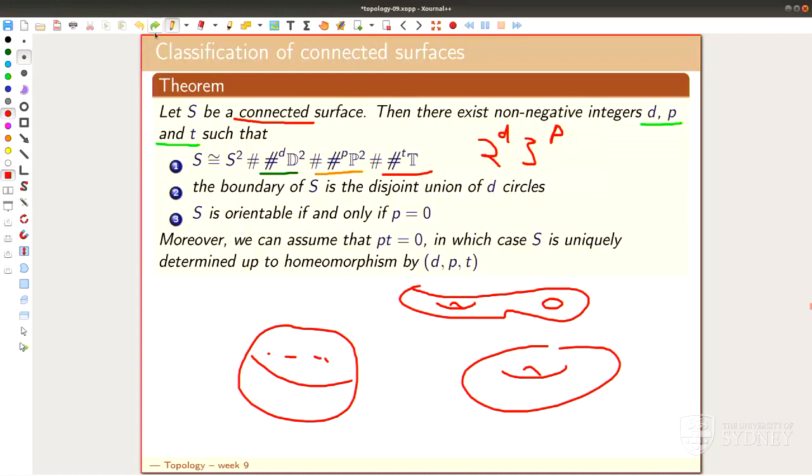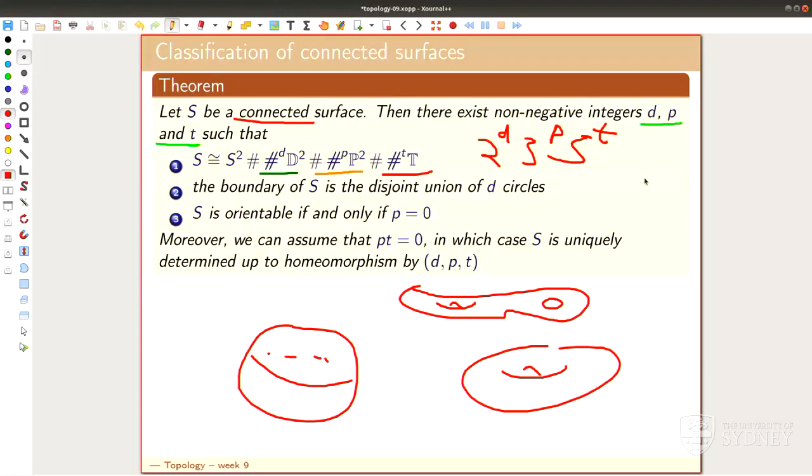Yeah, I should be able to find the next one. Probably it's 5 to the T. Let's say we only have three prime numbers, then every number would be determined by finding the power of those prime numbers. And that's exactly what this statement says. It's just for disks, projective planes, and tori.